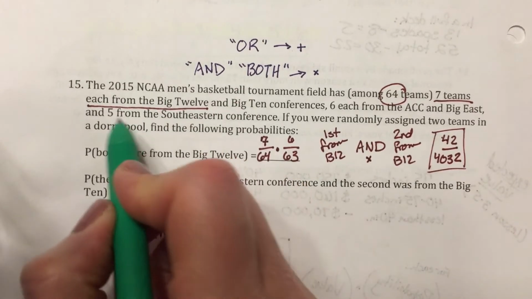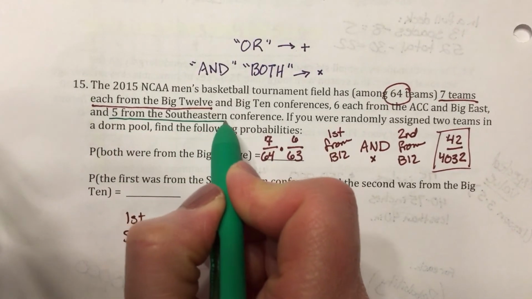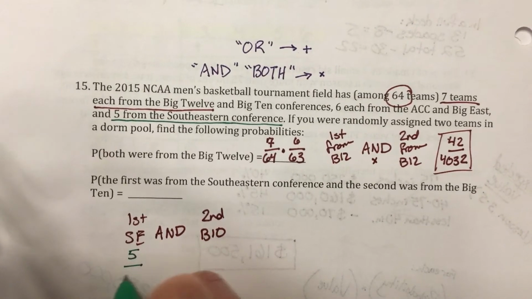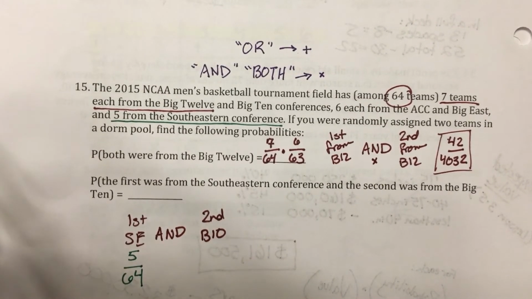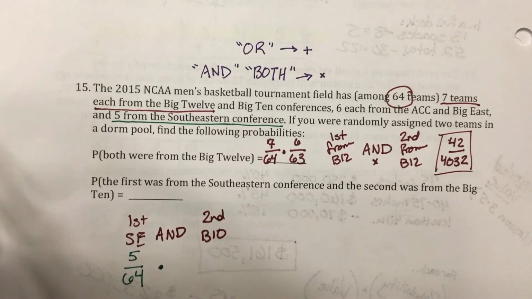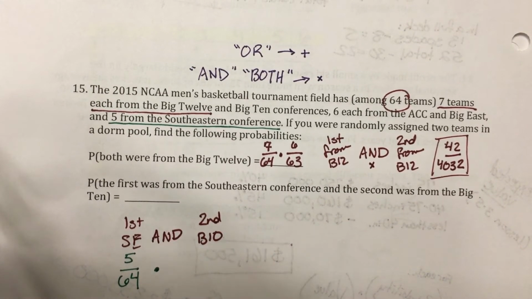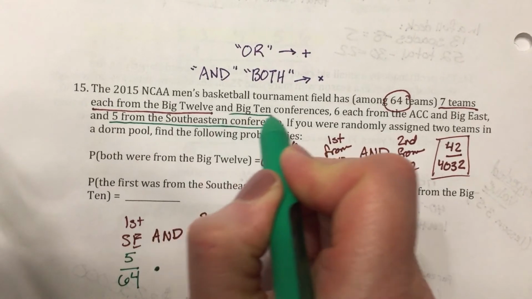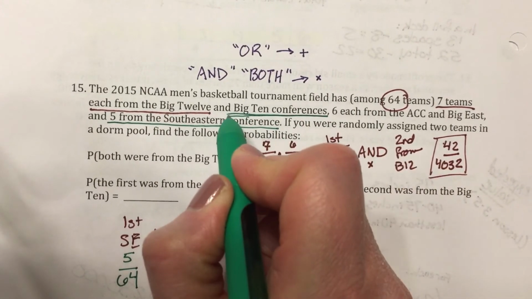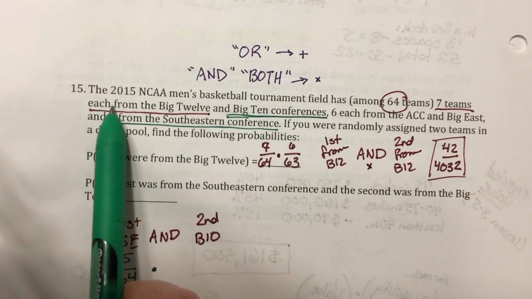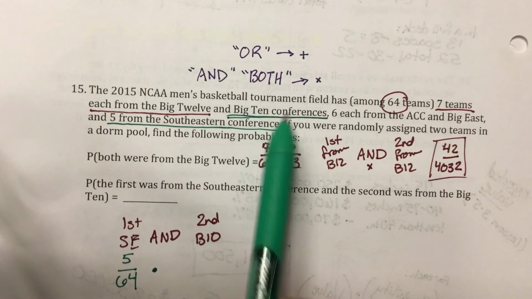So let's see, there are 5 from the Southeastern Conference out of 64 total. And we want the Big 10, so we've got 7 teams from the Big 10 Conference.